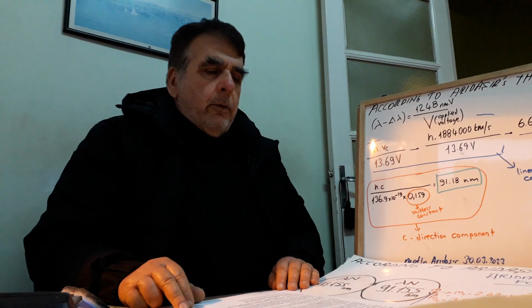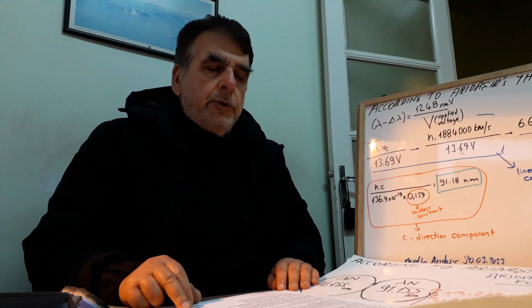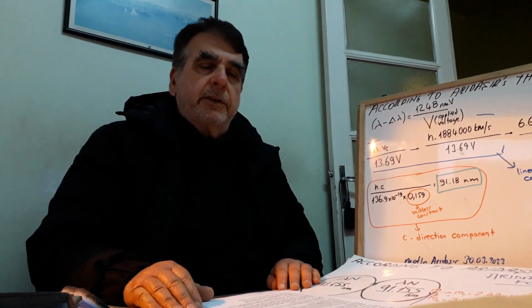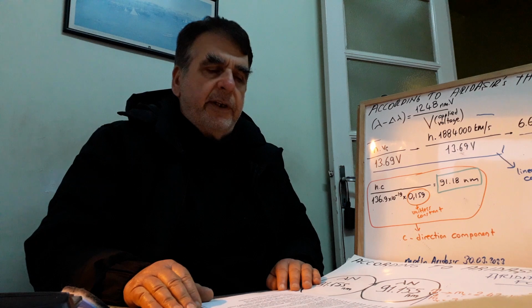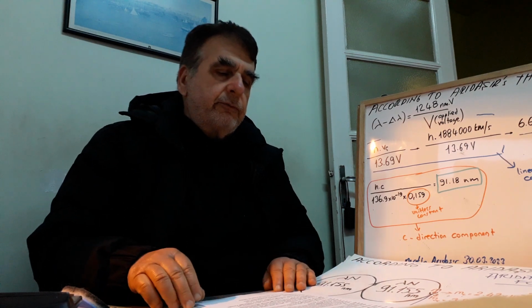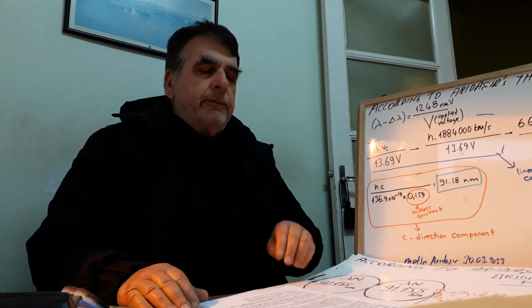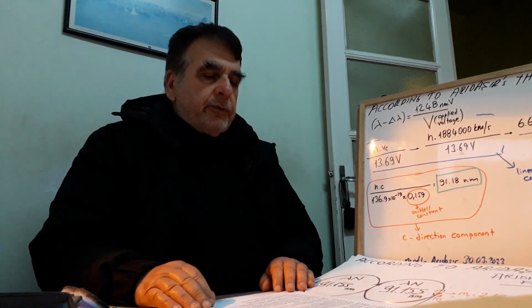2. 136.9 10 to the minus 19 Joule volume energy is a constant for the 91.155 nanometer wavelength size kind of electron motion form. That is the most common wavelength size kind of electron motion form in our universes and atoms. 3.